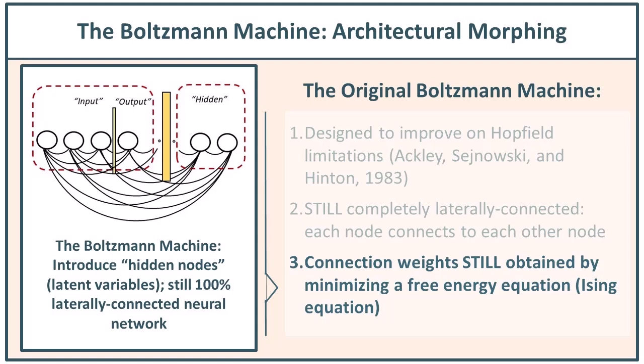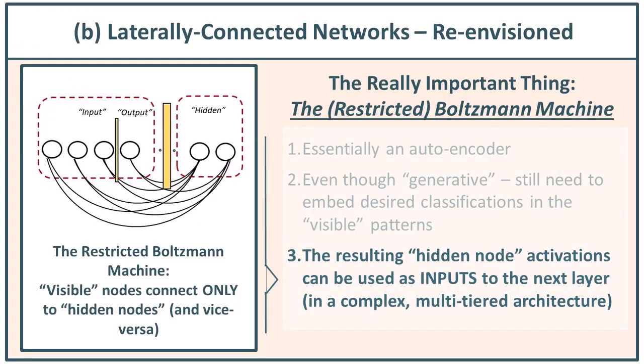Then Hinton comes in, and what he does is he introduces the latent variables. That, of course, is a regular, straightforward Boltzmann machine. Everything connects to everything, and the visible nodes, so-called, connect to the latent variable nodes, which are the hidden nodes, and to everything else. Then the restricted Boltzmann machine, which is what we use, came along the next year. Visible nodes, or that pattern that we're attempting to learn, connect to the hidden nodes, but not to the other visibles.